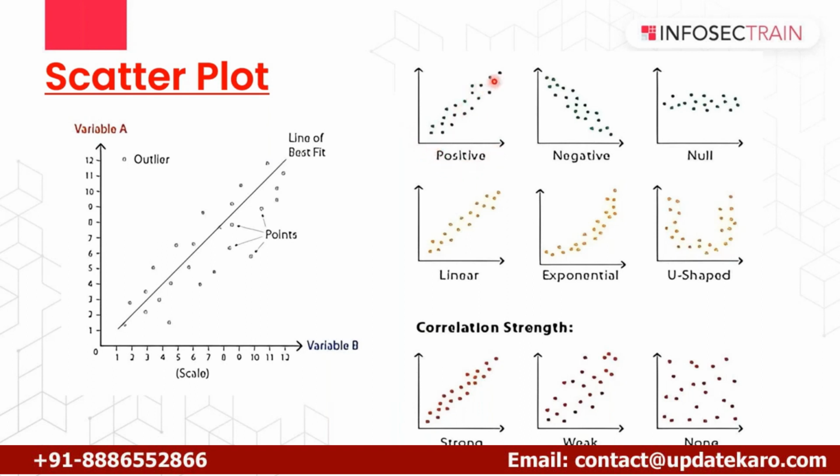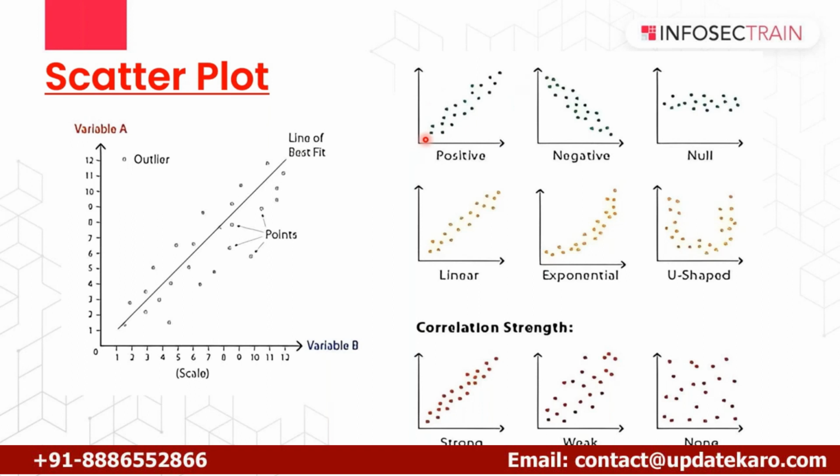Because here you can see that as x values are increasing, in the same way y values are also increasing. That's why you will see that these data points make a 45 degree angle with the x coordinate as well as the y coordinate. So this particular data shows a positive correlation, because as x increases, y also increases, right?